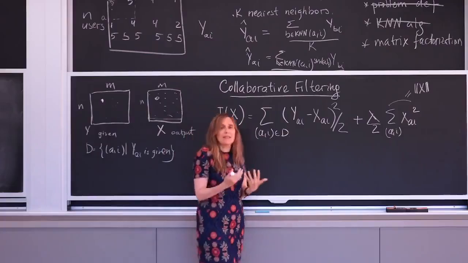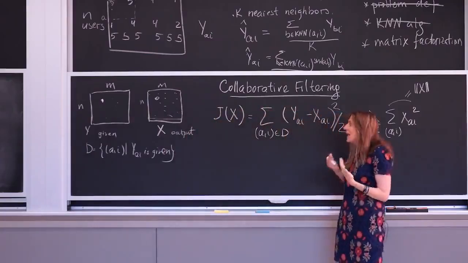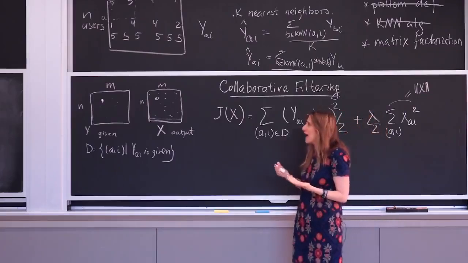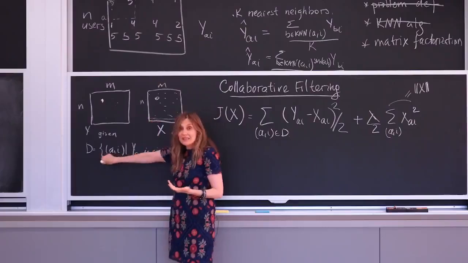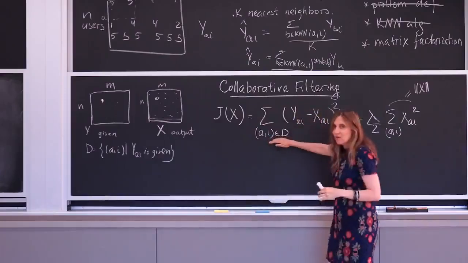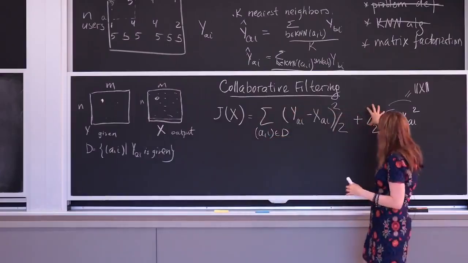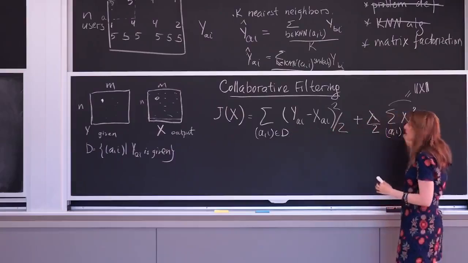I can independently estimate each one of those x_i's, okay? And the difference here would be whether this x_ai is part of the set D or not. Because for all those that are part of the set D, we will need to look at these two factors. For those which are not in D, we would only look at this factor.